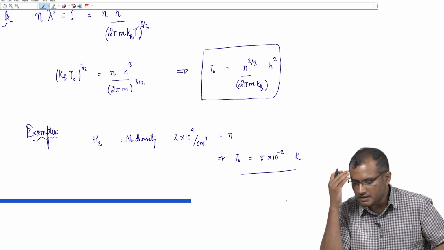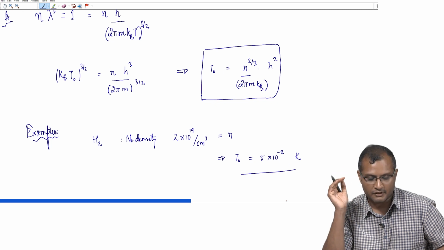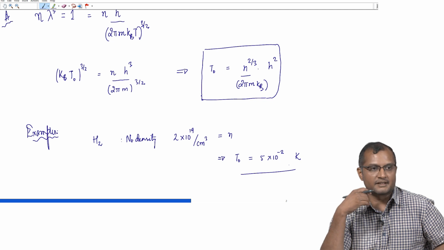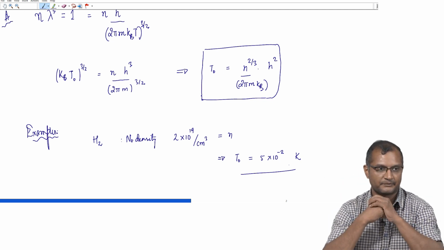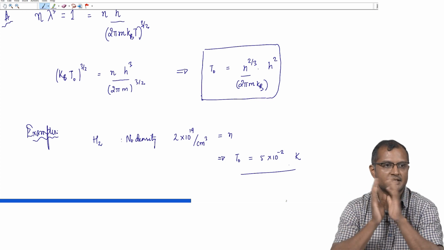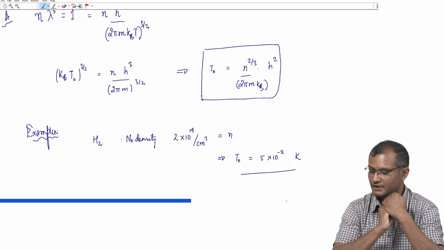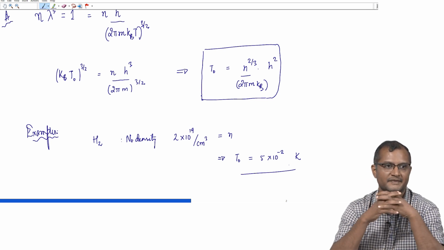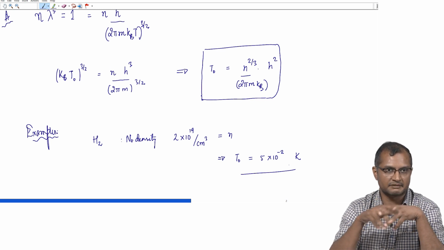So, somewhere around 0.05 Kelvin for hydrogen, you must invoke quantum mechanics, or you must invoke quantum statistical mechanics. So, a classical calculation is perfectly valid at room temperature. Okay. Only at this low temperature your n lambda cube is of the order 1. That is the meaning of this calculation. Okay.